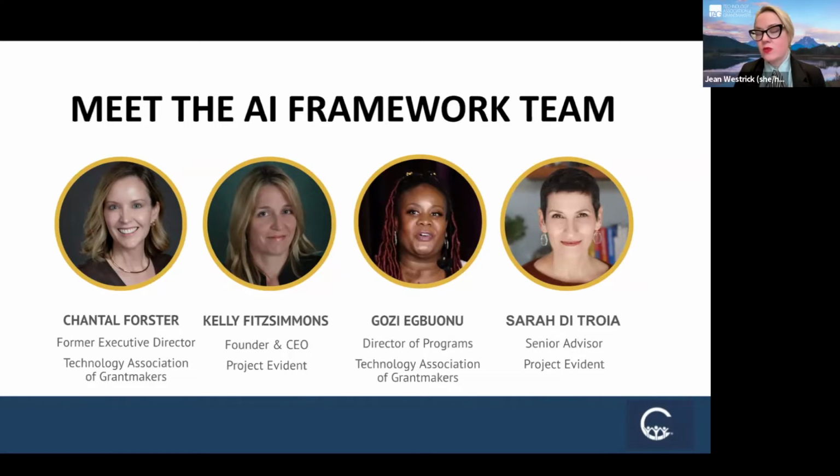This framework was based upon the input of nearly 300 practitioners, leaders, and partners throughout the social sector. And it is our hope that this framework will really help folks navigate this evolving landscape of AI with some informed optimism, to be able to evaluate when it's going to be the right decision and when it's not.